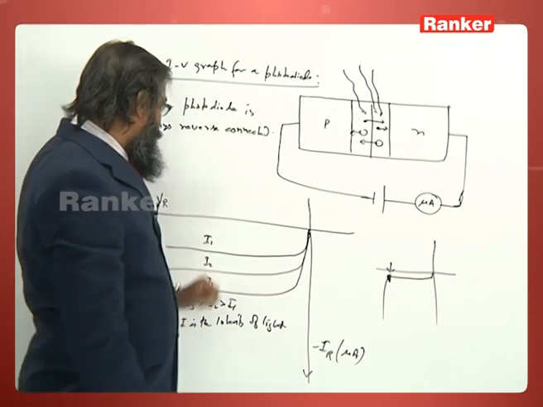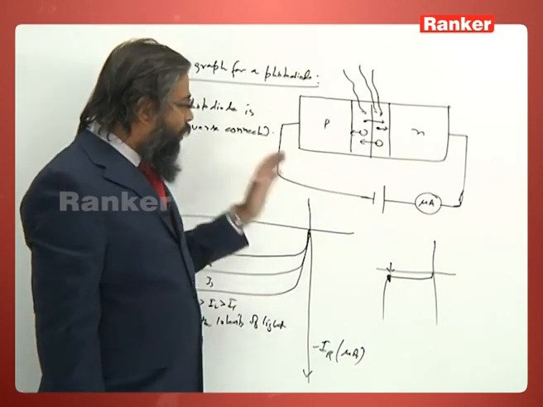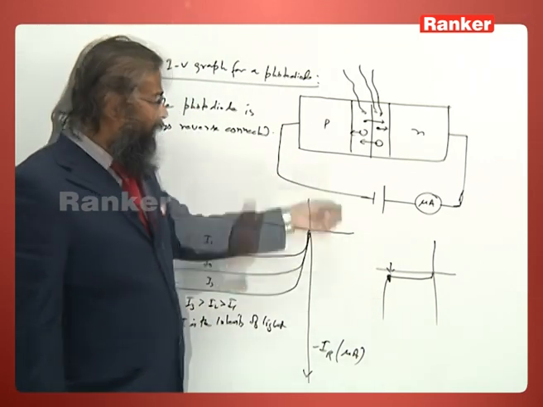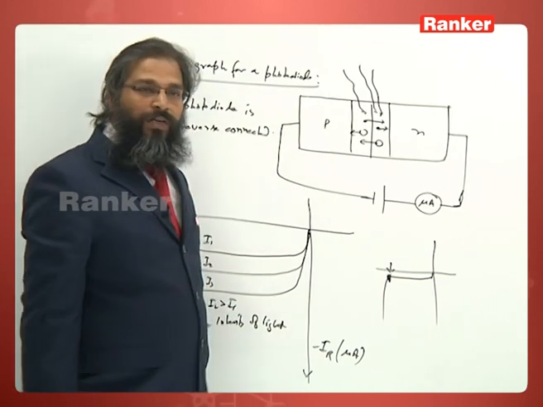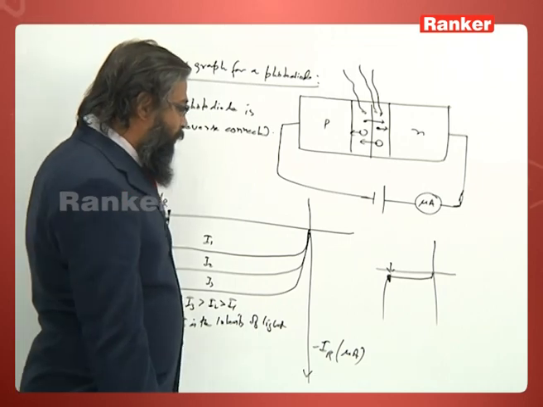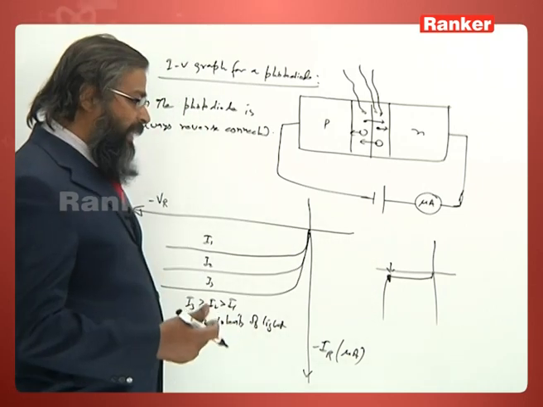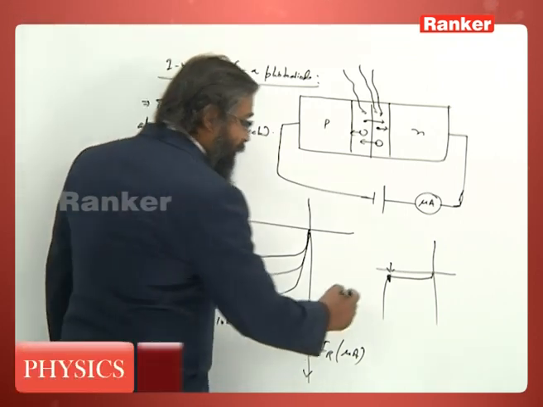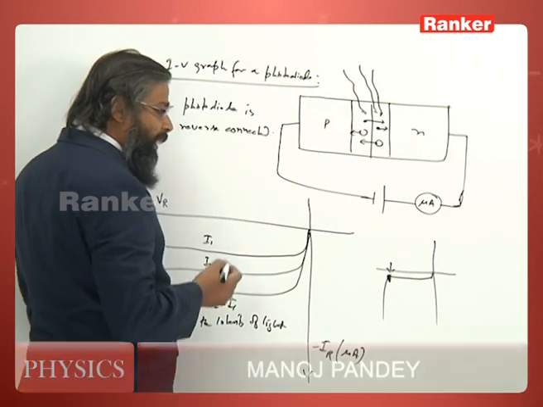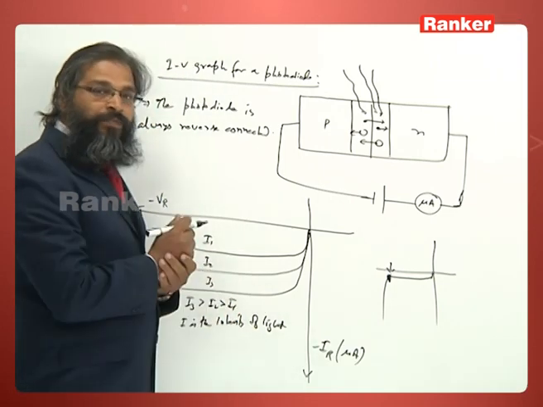Here we must keep in mind that this reverse bias should not reach the breakdown region, otherwise this photodiode will not work. If you want to work this photodiode in this region, then you have to suitably design it. This is the normal photodiode where the current is low and saturated.